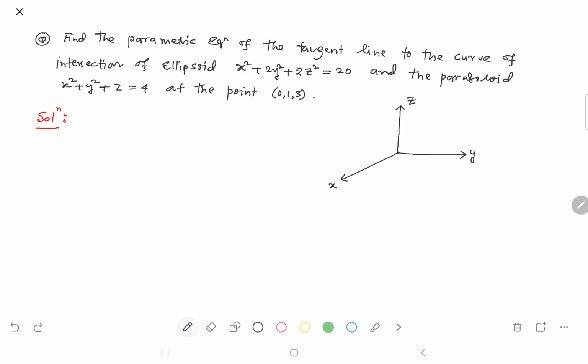If you know the method, you can easily calculate the tangent line at least. So here you have the origin. The ellipsoid is just the three-dimensional version of the ellipse, right? So you have it like that. This is the ellipsoid.